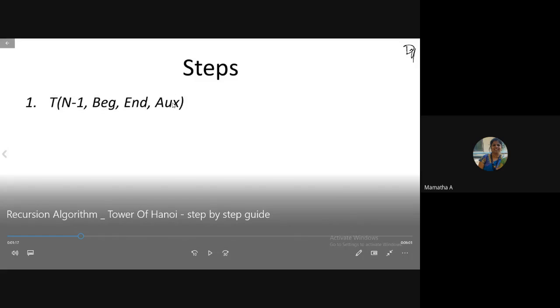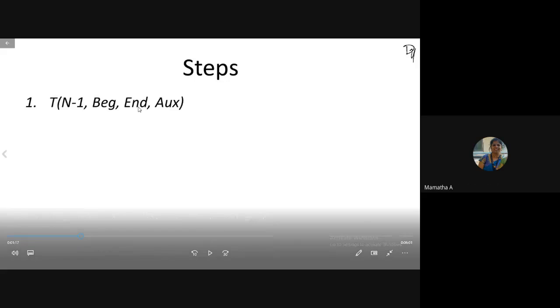Look at this. First I have written beginning, and then at the end I have written aux. And in between, using which peg? End peg. That is the final peg.